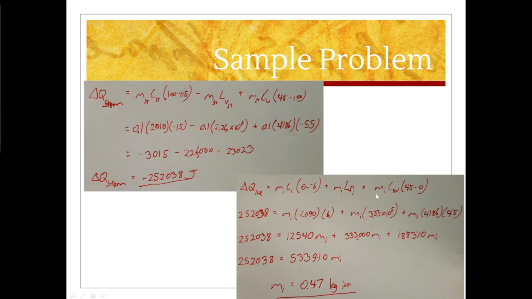And then the last term is increasing the temperature of our newly melted water. Mass is still unknown, but now that it's water, we can use water's specific heat, and the change in temperature at this point would be positive 45. As many steps as this takes, the only unknown left is mI.